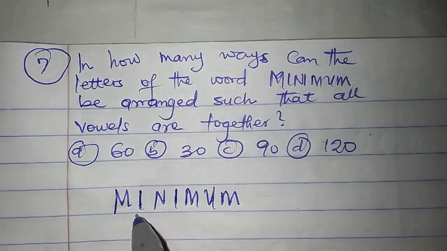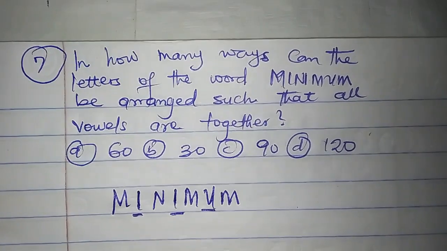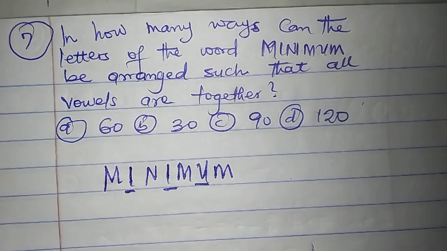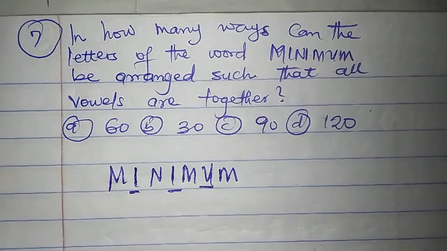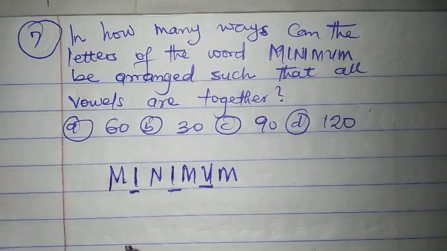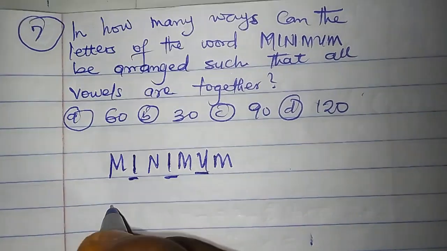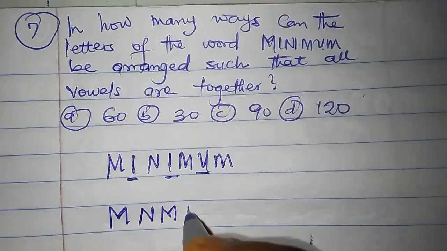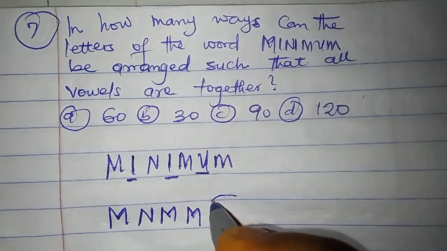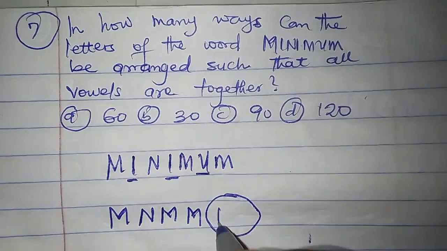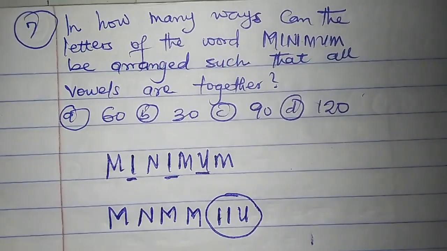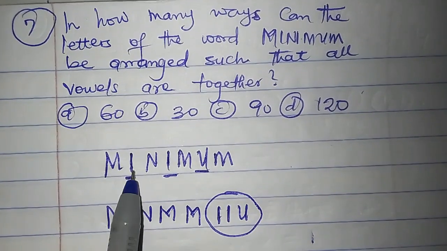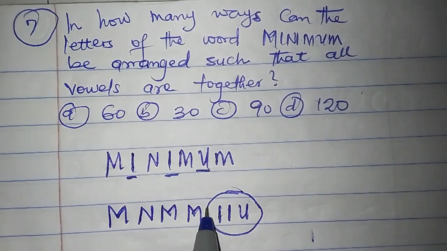The vowels are I and U. So if the vowels must be together, then this is the arrangement: M, N, M, M, and all the vowels will be taken to be one letter, I, U. It's simple. The I, U will be taken as 1.